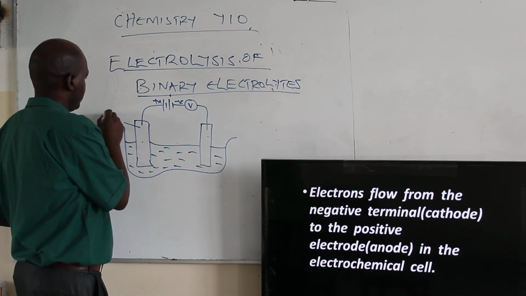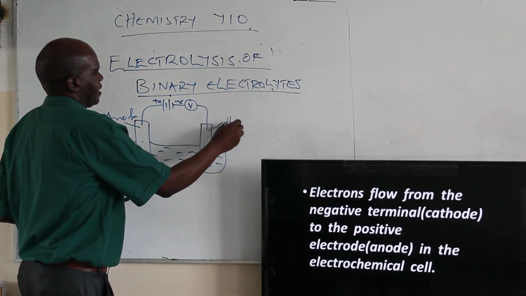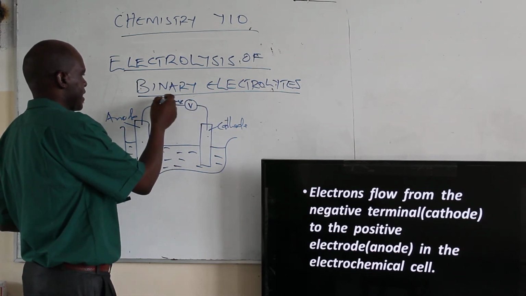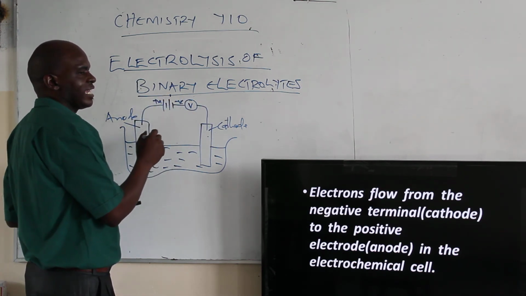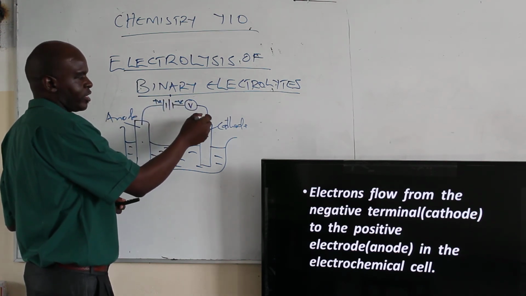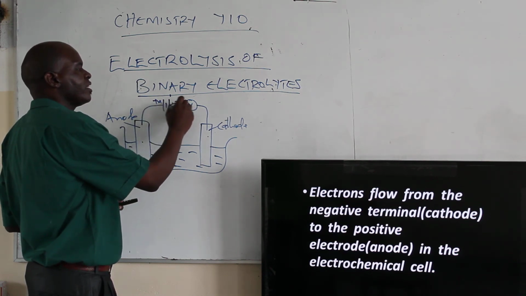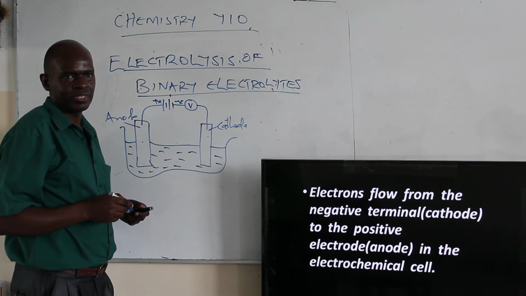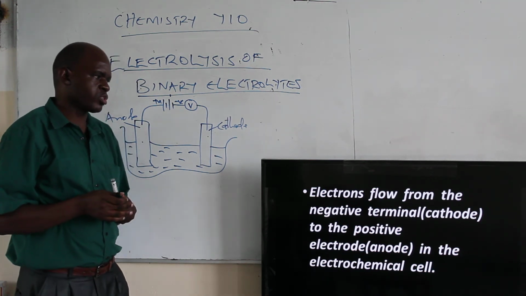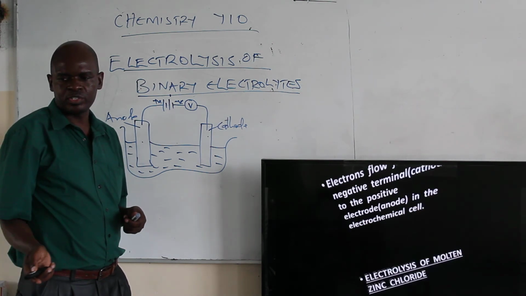So electrons will be flowing this side, and then the current, on the other hand, will be flowing against the flow of electrons. When the electrons are flowing this other side, the current will be moving in the opposite direction. That's what normally happens. So the electrons will flow from the cathode towards the anode.